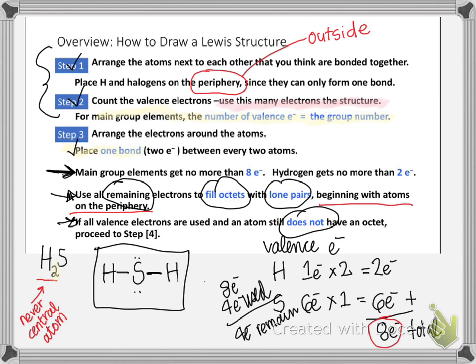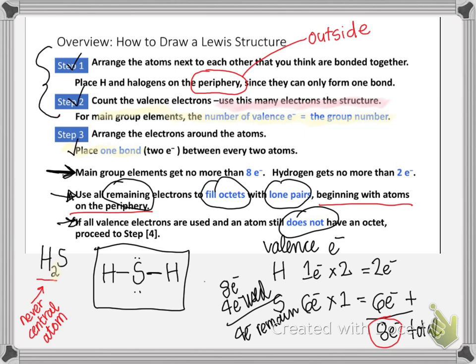Then step 3 is you're going to arrange the electrons around your structure. Start by drawing single bonds that connect the periphery atoms to the central one. Each single bond represents 2 electrons.